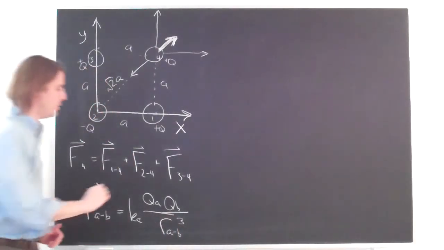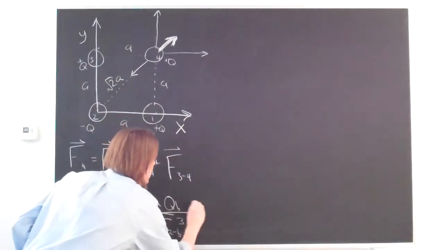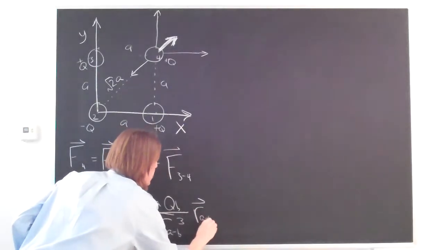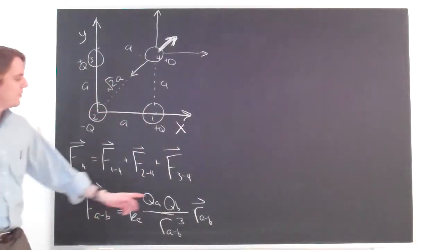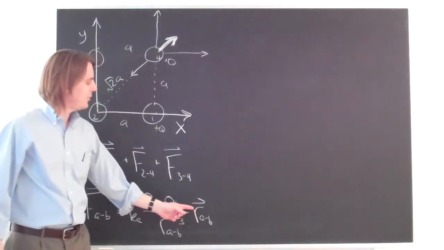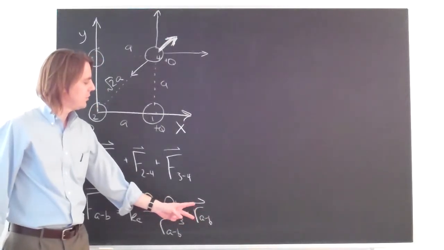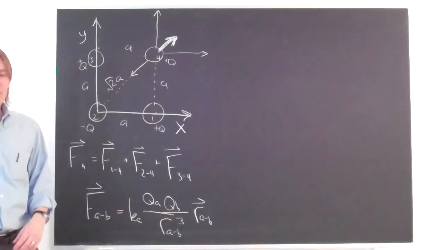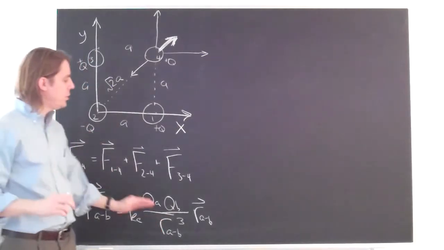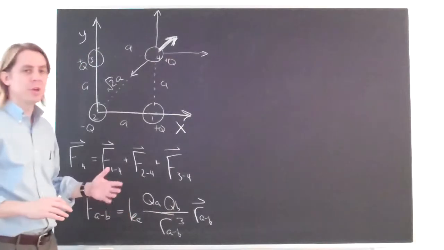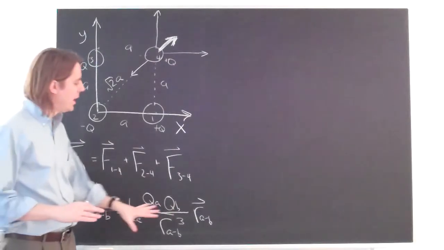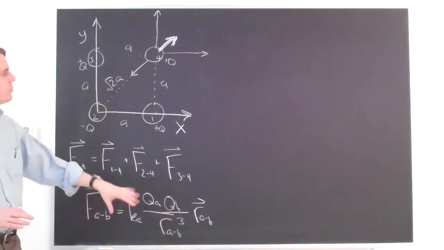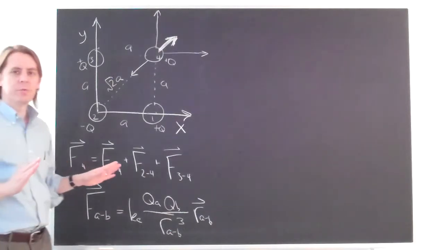Instead of the unit vector, you write the vector A to B. So now the vector gives you the direction, but it has a magnitude of the separation. Since you have a separation up top, you have to have another separation in the bottom. So it looks like it's going as 1 over r cubed, but it's still going as 1 over r squared. But writing it this way lets you do this problem in a way that requires no inspection whatsoever.